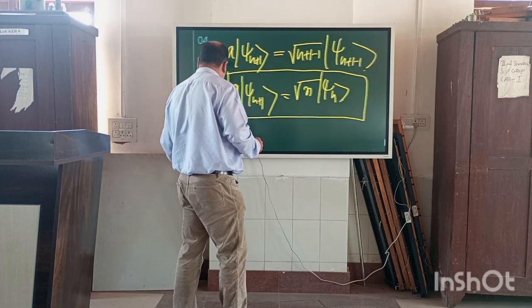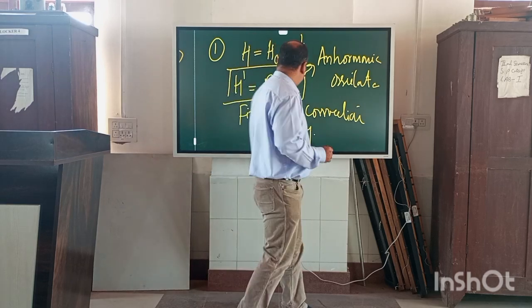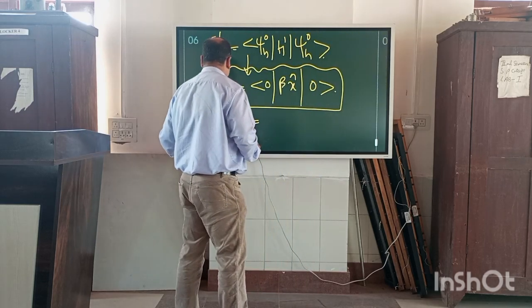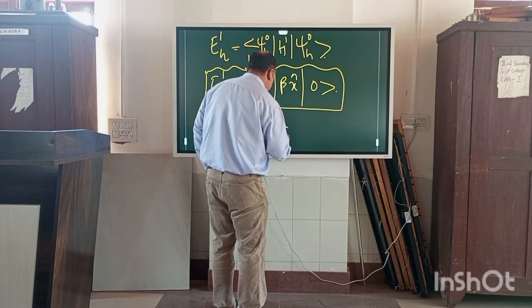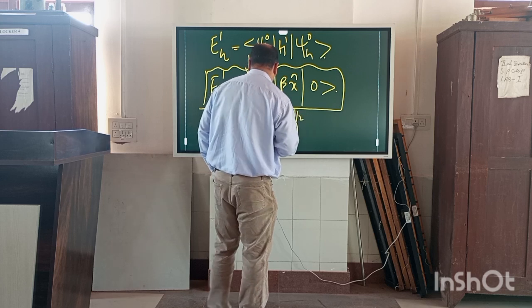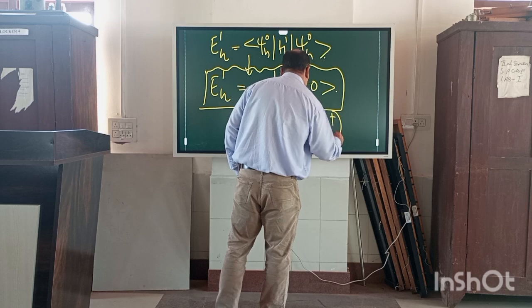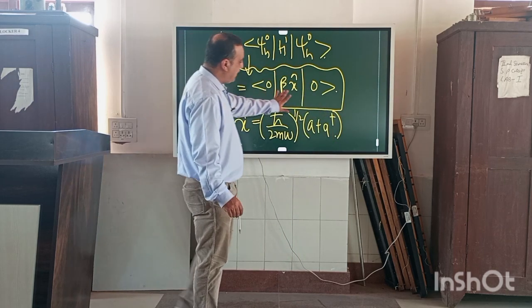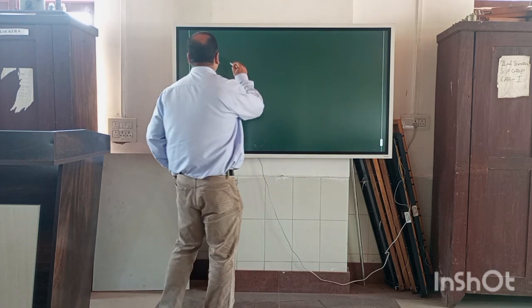So let's put that down. What I should write here is h bar by 2m omega raised power 1 by 2, a plus a dagger. So I'll introduce this operator in my expectation value. So what will I get?